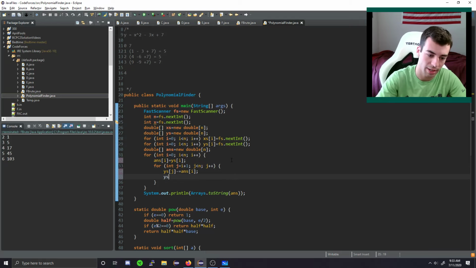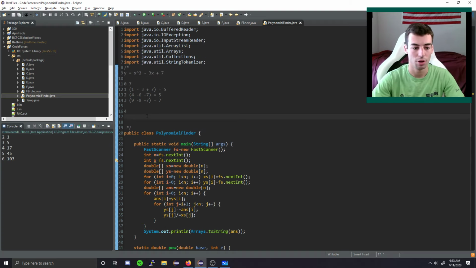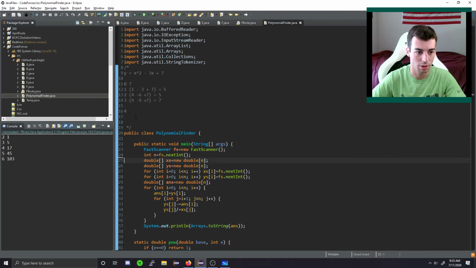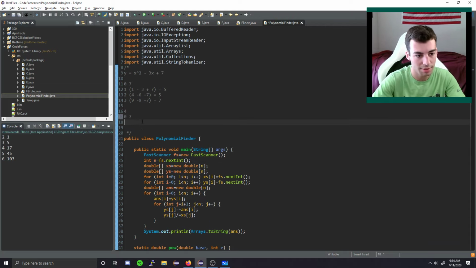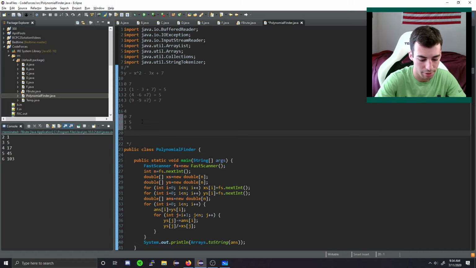And also y's at j divided by equals x's at j. Okay. There are 4 points. There is (0, 7), (1, 5), (2, 5), and (3, 7).